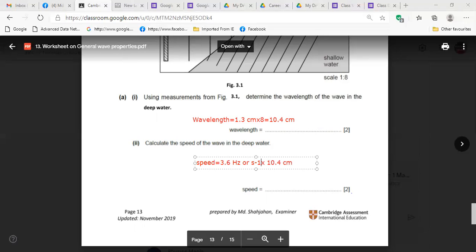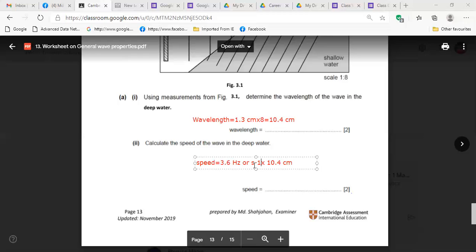Frequency has the unit hertz. We can also write it as per second, that means 1 by second, isn't it? Yes, sir. Frequency is the number of complete waves every second. That means the unit is per second. Per second in short we write as hertz.